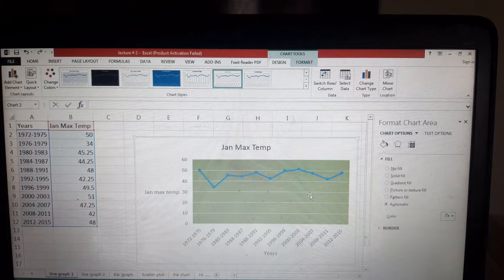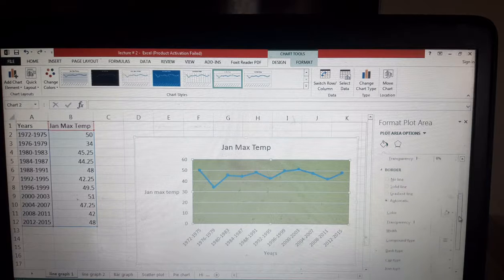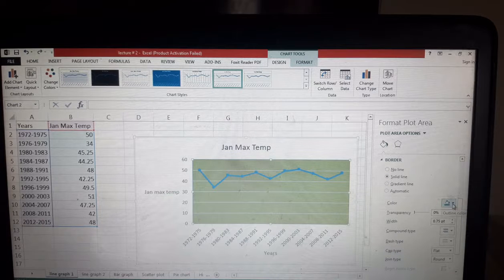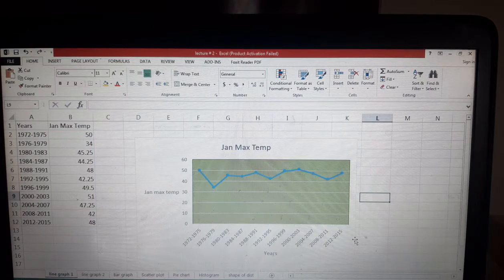You can also add a border line to your graph by double-clicking the chart area, then clicking Border, then Solid Line with black color. All these changes make your graph more catchy.